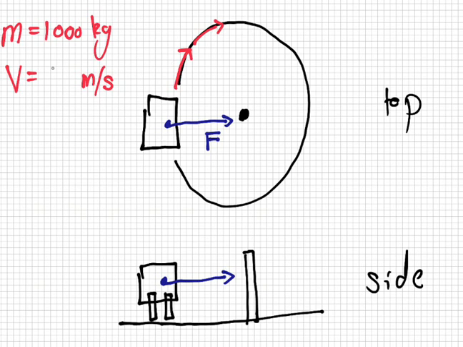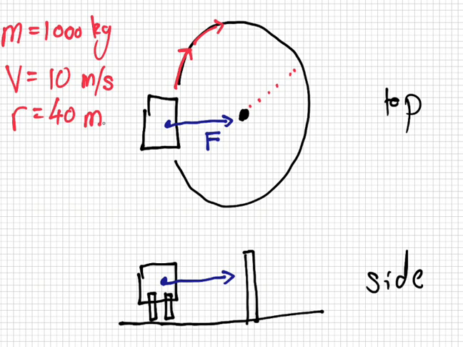Maybe 10. And if this is a big roundabout, what will we make the radius? 50 meters. Let's say 40. What else might I know? I think this is enough.